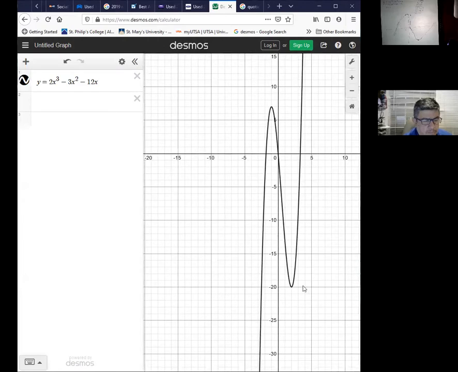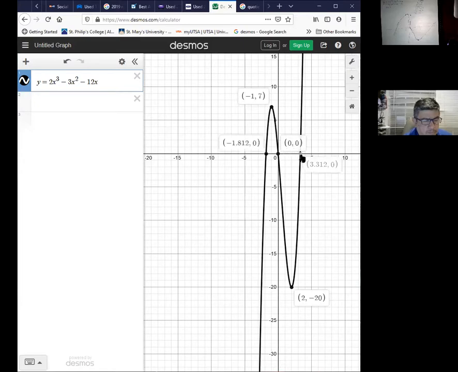Do you see the idea here? You use the minimum, maximum, and intercepts to get an idea of what's happening with the graph. You plug the x value into the original to get 7, and plug in 2 into the original to get -20. So you would plot the location of the maximum, the minimum, and the intercepts.